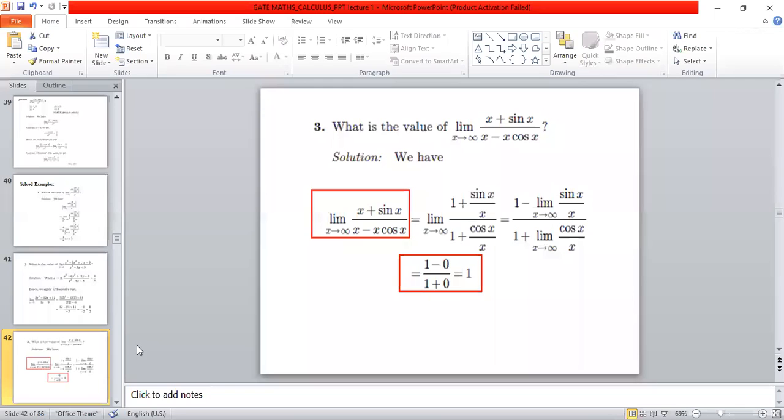Applying the limit as x tends to infinity, sin x upon x is 0, and similarly cos x upon x is also 0. So it is 1 by 1, and the answer will be 1.